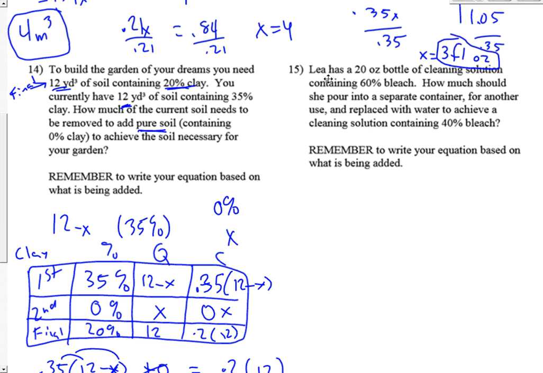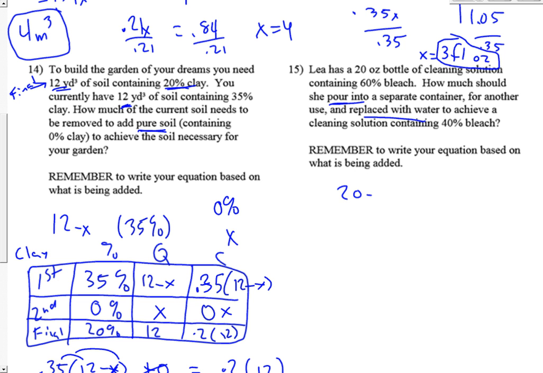And number 15, Leah has a 20-ounce bottle of cleaning solution containing 60% bleach. How much should she pour out into a separate container for another use, and then replace it with water to achieve a 40% bleach? So we're, again, starting with 20 ounces of the 60%, but we're going to pour some out.